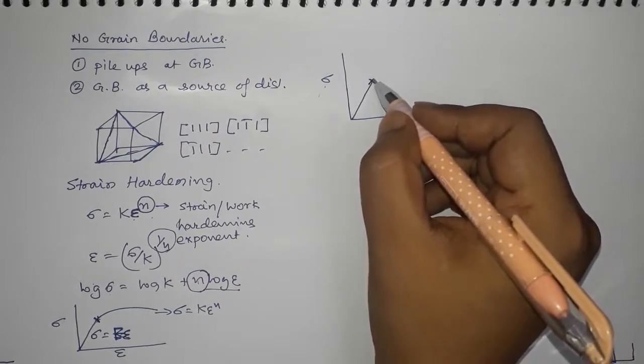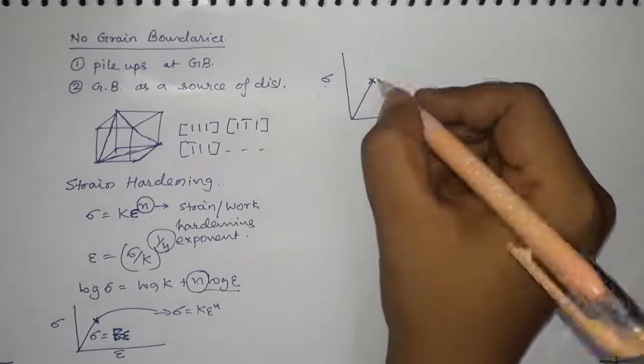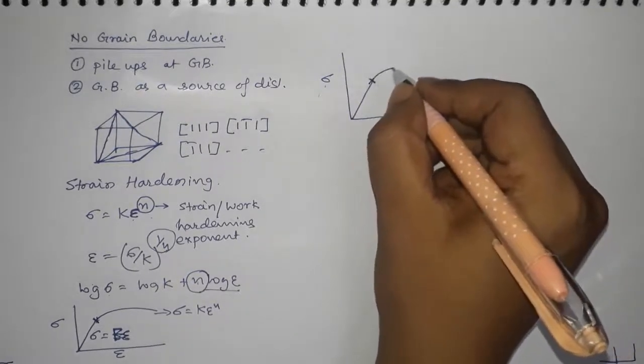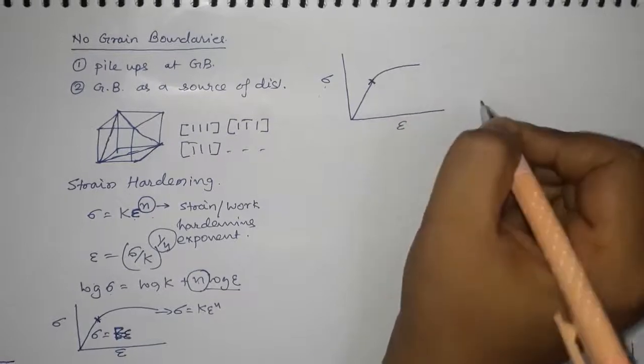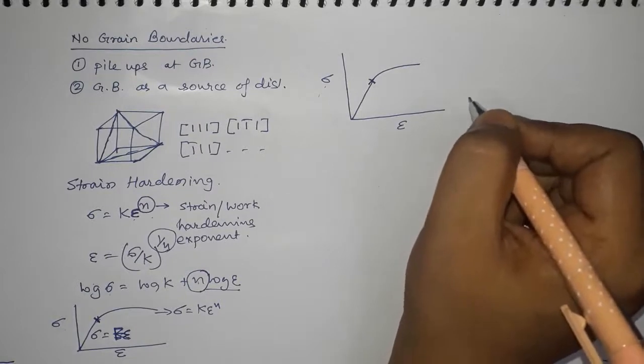Okay, and many a times that is also the yield strength, beyond which you have a non-linear behavior or correlation between stress and strain.